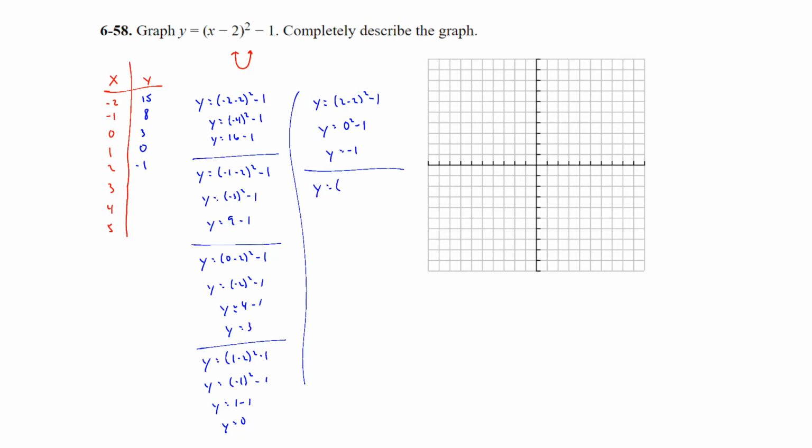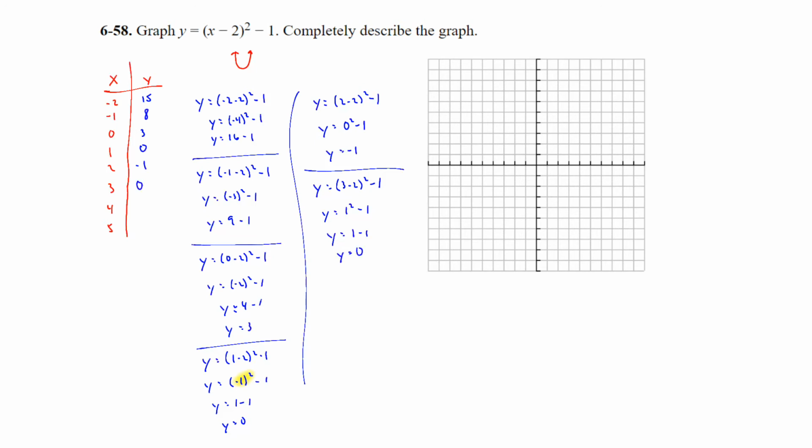y equals (3 minus 2) squared minus 1. And hopefully what you recognize at this point is right here I have 1 squared, which is the same as when I had (-1) squared. Because whether I square 1 or -1, the quantity, I get 1. So 1 minus 1 is 0.